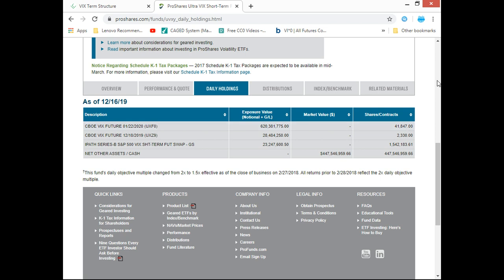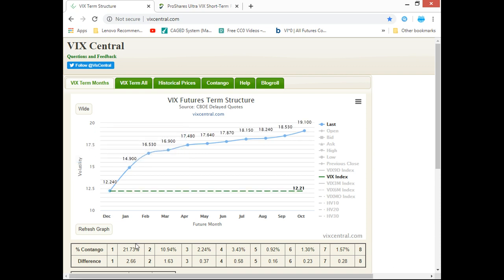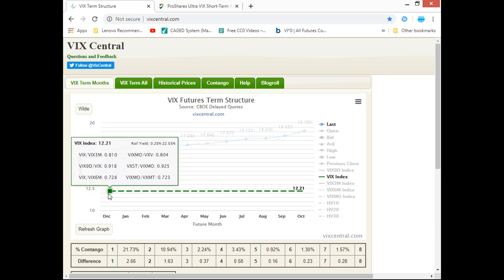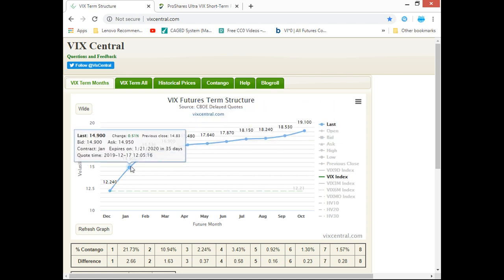So at some point today, they're going to sell out all of these December futures, and they're going to take the money and buy Jan futures with that money.